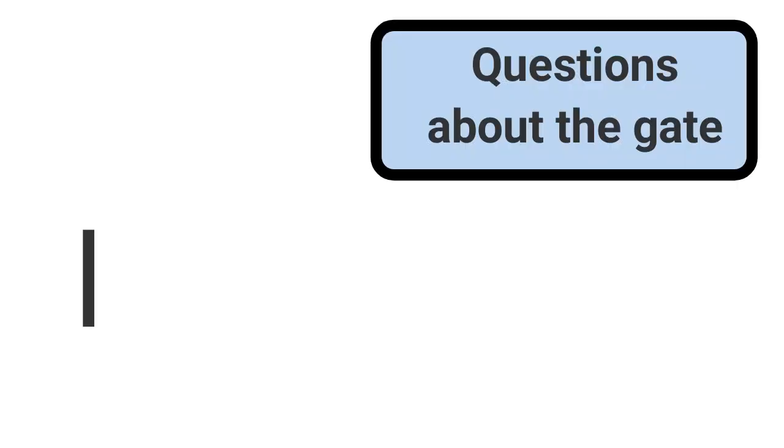Let's do a quick quiz, all connected to how you're going to get around the airport and what you're going to find when you get to the gates. I'll describe a situation and you tell me what you need to do or where you need to go. You need some money.